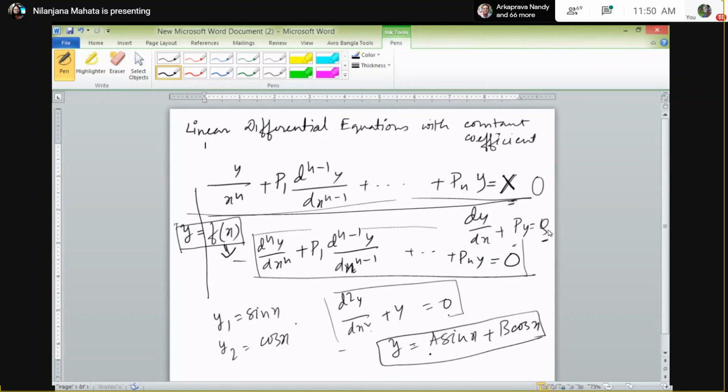So I have sin x and cos x; only sin x is also a solution, only cos x is also a solution, and basically this is our complementary function. Now, how do we find the complementary function of a homogeneous equation? Before that we will learn some notations, right?